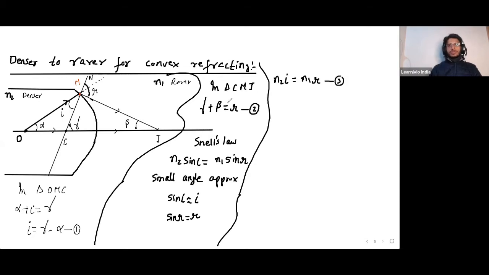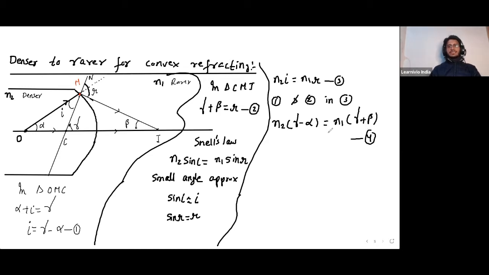Now just simply substitute the values of i and r from equations 1 and 2 into equation 3. When you do all these substitutions, it's n2 times gamma minus alpha equals n1 times gamma plus beta. This is it. So I call this my equation number 4.